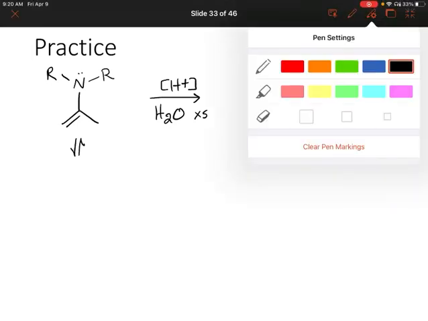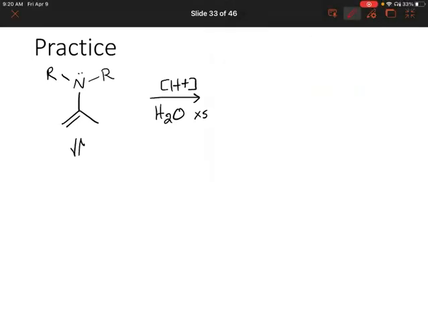Okay, so what do you think the first step will be? So the first step is the alkene protonating. And we know that when a double bond is protonated, the hydrogen typically adds to the less substituted carbon.